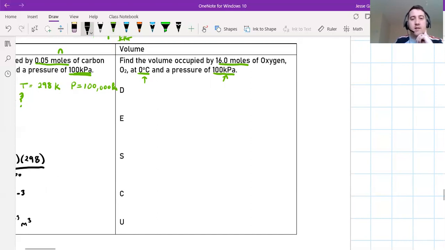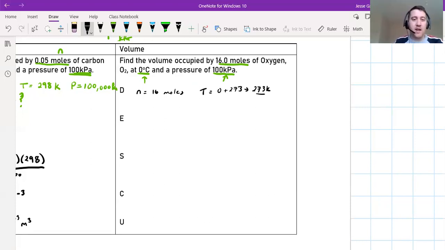All right, what you should have written is that N is equal to 16 moles. You should have written that T is equal to 0 plus 273, which gives you 273 Kelvin. So that's how you convert to Kelvin. You add 273. And now that's what goes into your answer. And we've got 100 kilopascals.